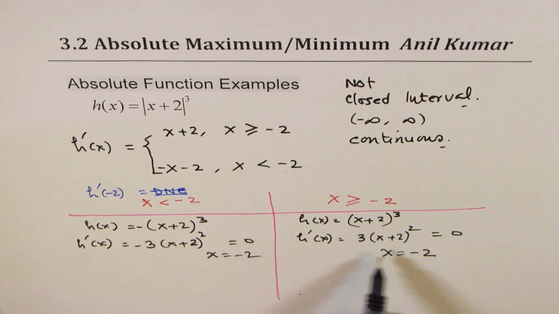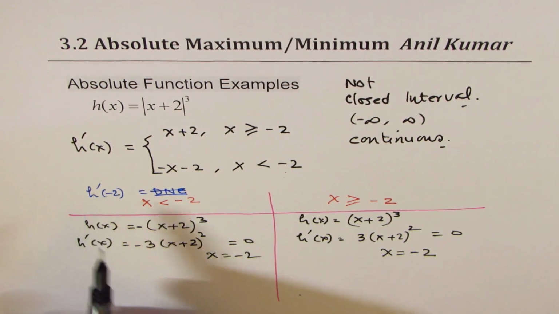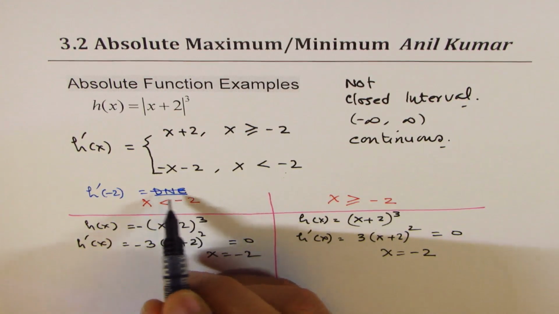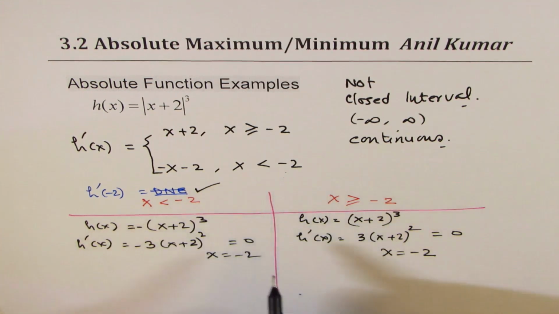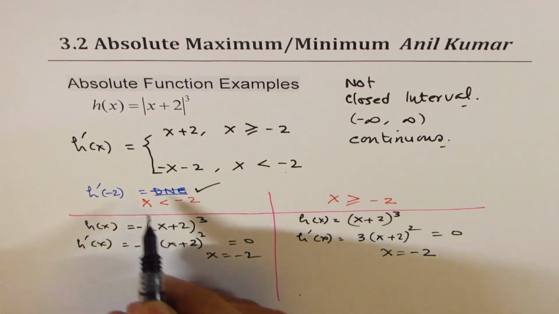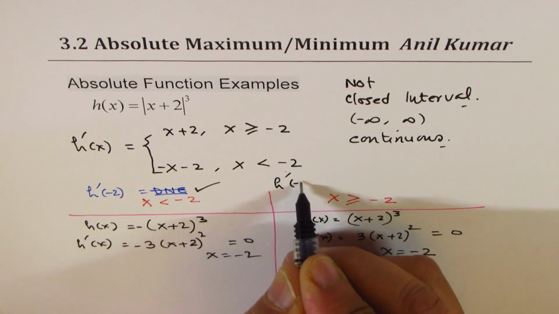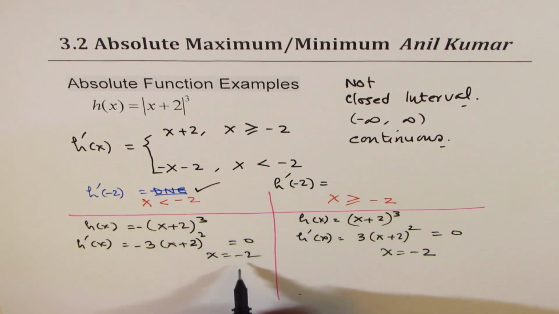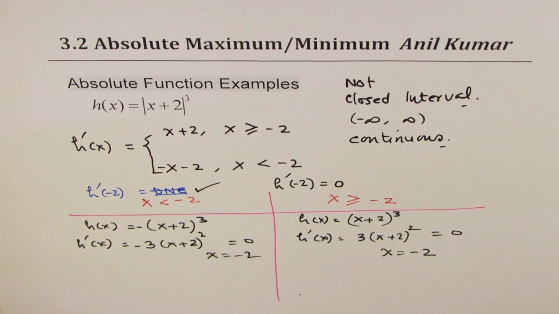Since we have the same derivative at x equals minus 2, we do conclude that it does have a derivative at minus 2, right? So it is a valid derivative. So we know that h prime at minus 2 exists and its value is 0, because from both the sides we get the same answer.